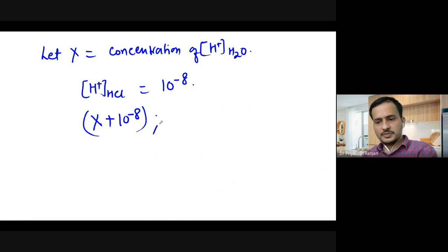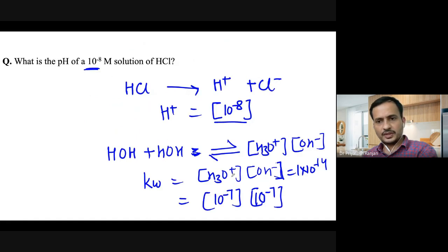And how about OH minus? We all know the ionic product of water is a product of hydronium ion and hydroxide ion.